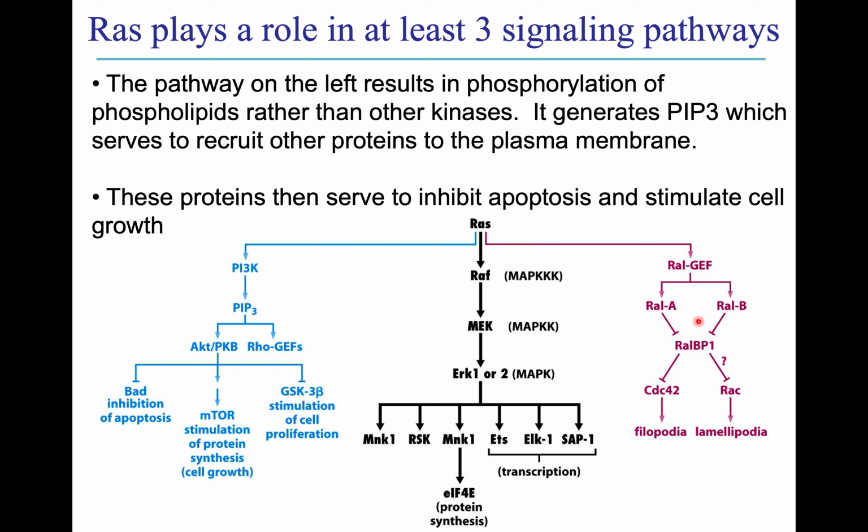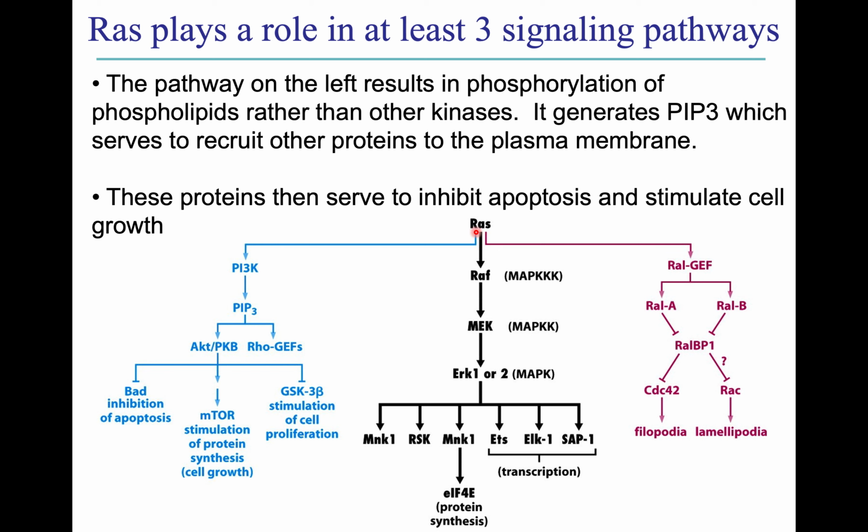All right, the last thing I wanted to point out specifically with RAS here is that RAS is actually sitting at the top of at least three different cell signaling pathways, which is probably the reason it was the first oncogene identified, because any of these three pathways could actually be involved with cancer.